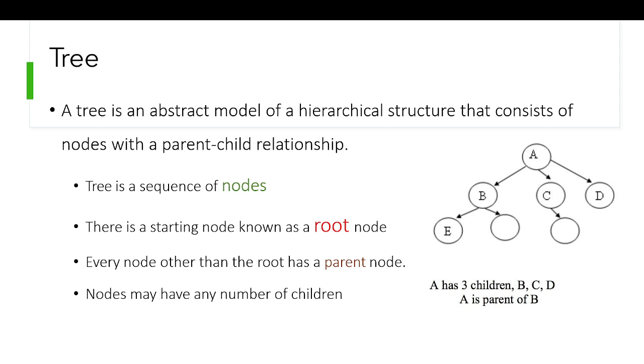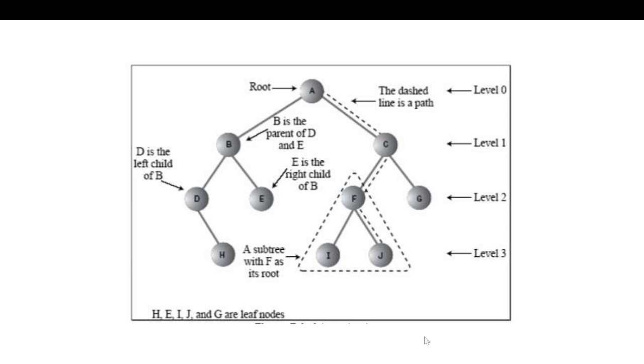A has three children, B, C, D. A is the parent of B, C, and D. Every node other than the root has a parent node. Root is the only node that doesn't have a parent node. Nodes may have any number of children. This is a simple representation of parent-child relationship.